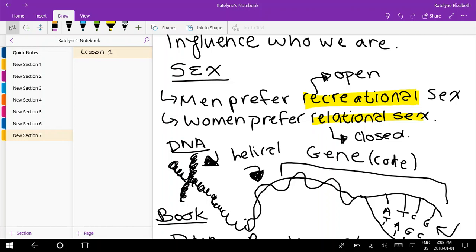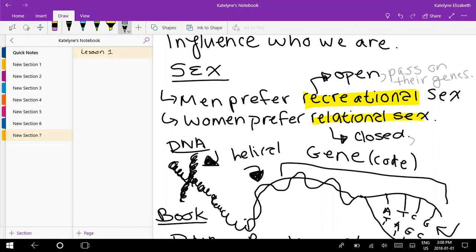Well, it is influenced by two different survival strategies. Men want to pass on their genes, so they're open because they want to pass on their genes. Okay? So that's their survival strategy.